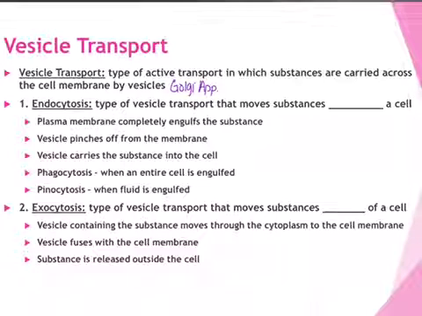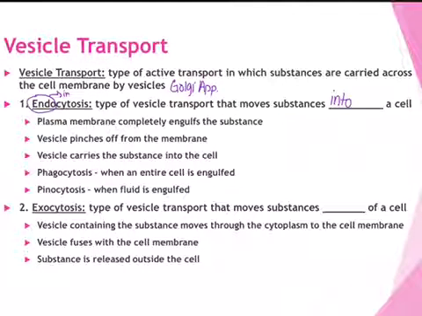So our first type of vesicle transport is endocytosis, and this is a type of vesicle transport that moves substances into the cell. Remember the prefix endo means in. And so the plasma membrane will completely engulf the substance. That vesicle will pinch off from the membrane, and then that vesicle will carry the substance into the cell.